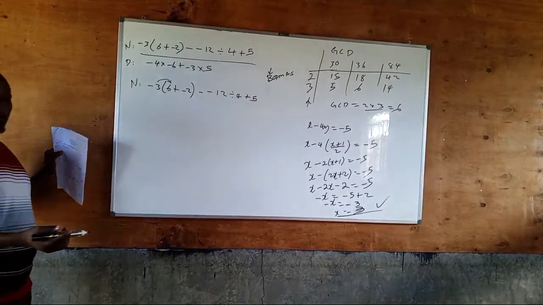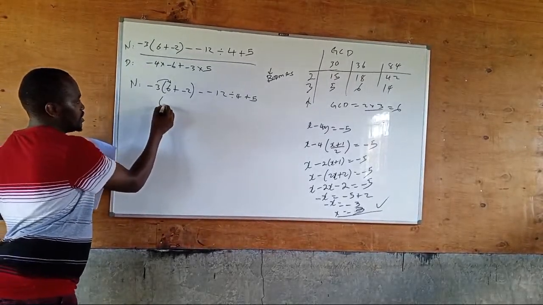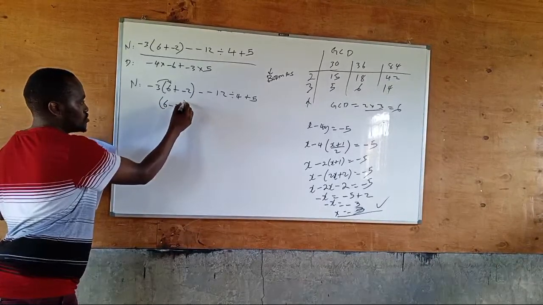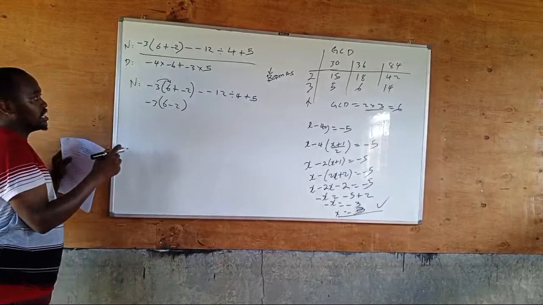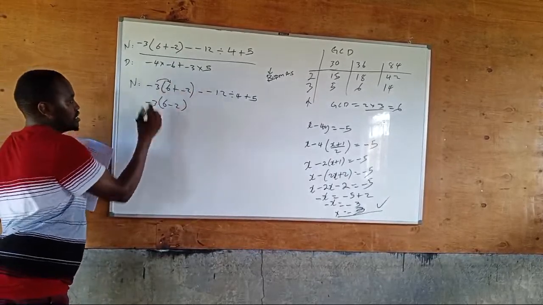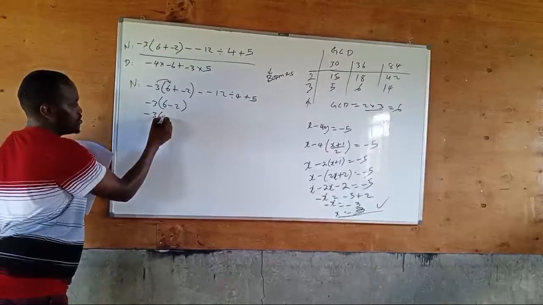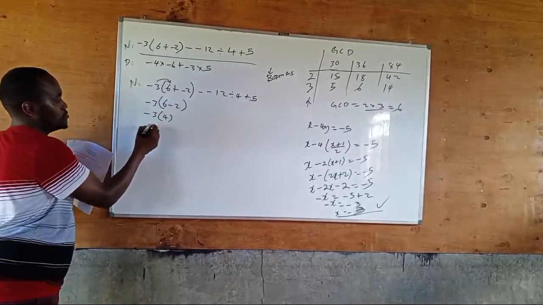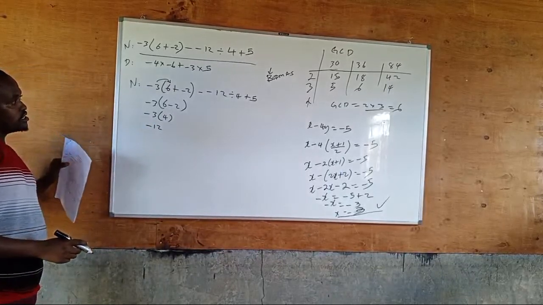So what is inside the bracket? Even if you want to open, you can simplify it first to be 6 minus 2, then open it one by one. If you open, the answer should be the same as if you solve this: it will be negative 3 and this is 4. If you open it, it will come negative 12. Okay?